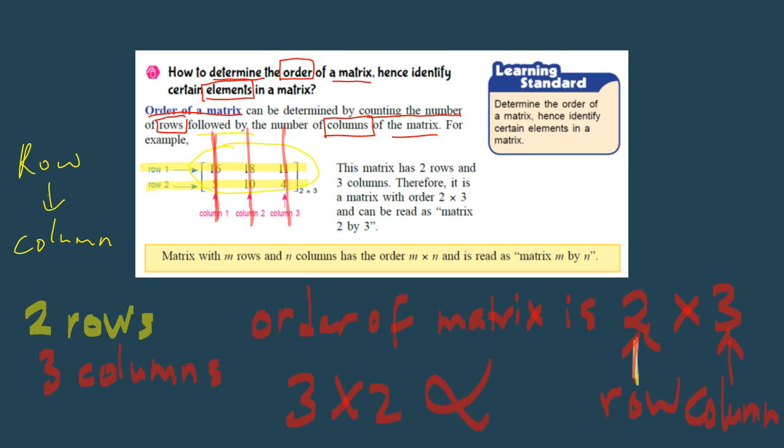And how do you read it? You just say 2 by 3. Not 2 times 3. This one, not that one. You say 2 by 3. Okay.